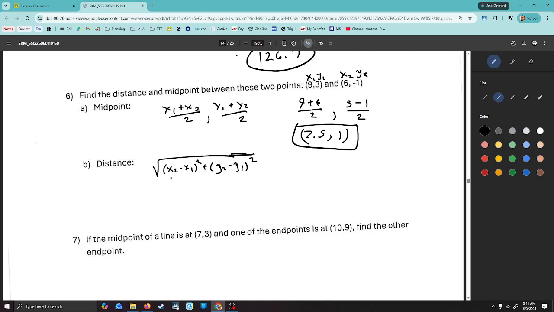So in this case, it's going to be x2, which is 6 minus 9 squared, plus negative 1 minus 3 squared. So 6 minus 9 is negative 3 squared, plus negative 1 minus 3 is negative 4 squared. So this is 9 plus 16. So the square root of 25, which is just 5.